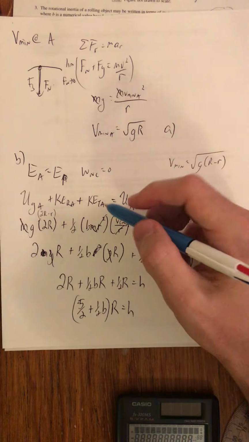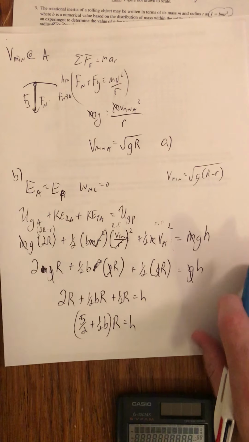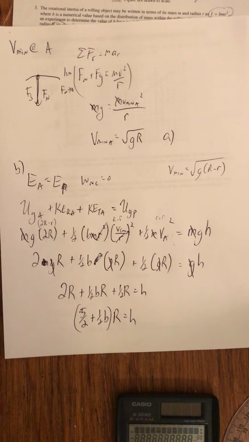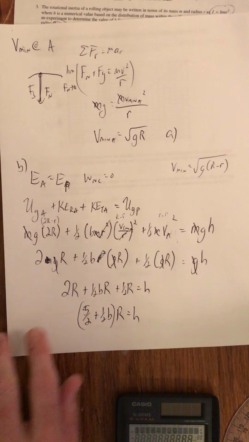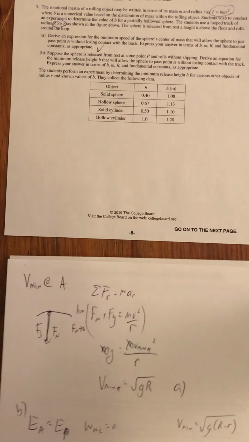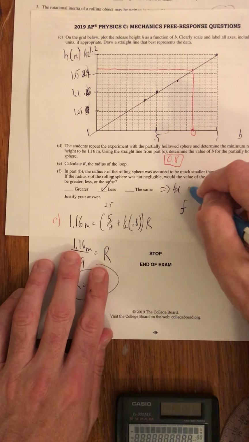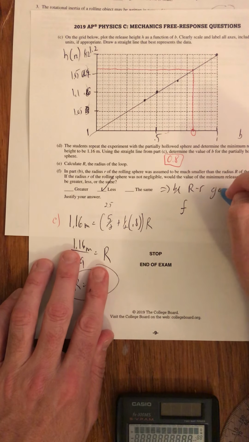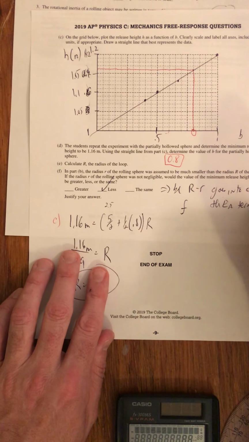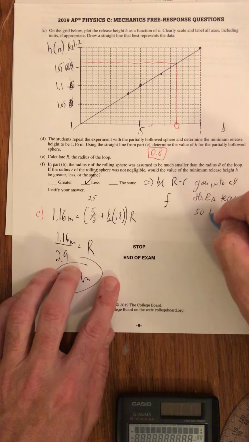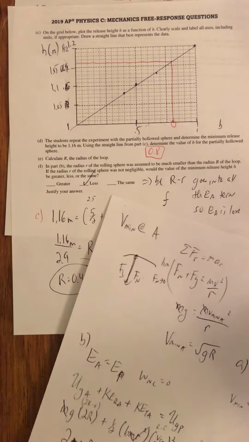Then we'd have R minus little r here, and we want to know, would h be bigger or smaller? All the terms pick up an R minus something, and so h is smaller. So it's less, because R minus little r goes into all the energy terms at A, so the energy at A is less. Okay, great, and there you go.